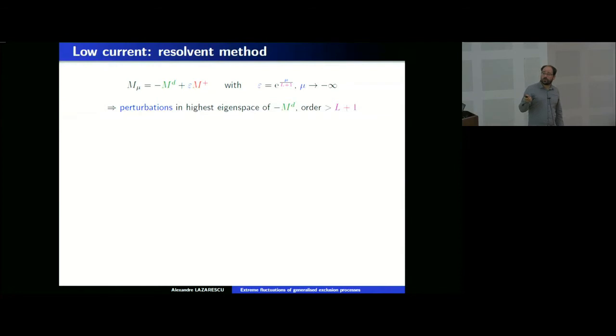So I have to do a perturbation theory around the dominant eigenspace of that diagonal part. And those perturbations will have to be of very high order, because the least number of steps that it takes to get from one configuration to itself is L plus 1. So I will have to do perturbations of order at least L plus 1 around that matrix.